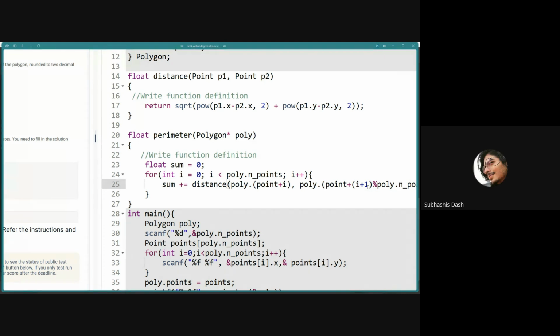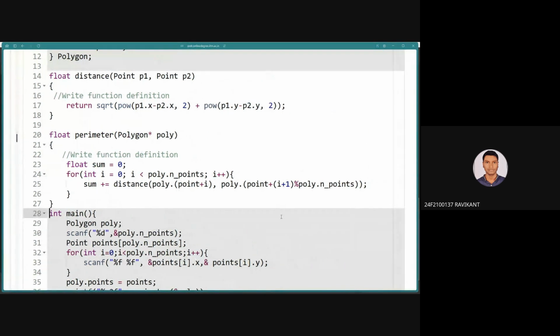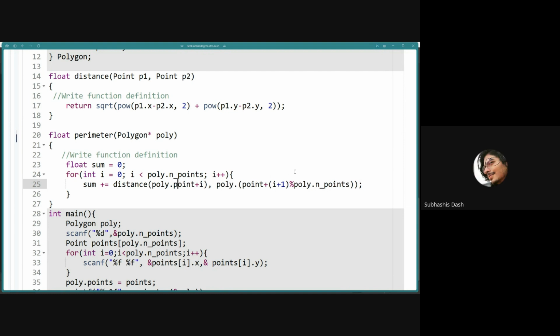So tell me what happens over here. I think this will match the first point is connected with end or not. That is correct. So we want to go in a circle, right?